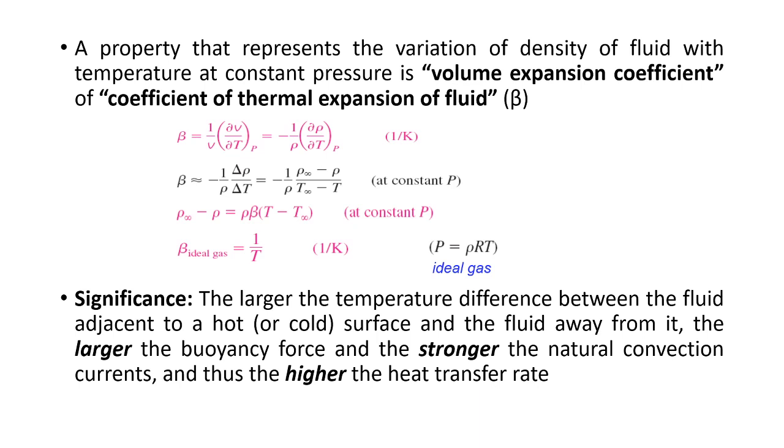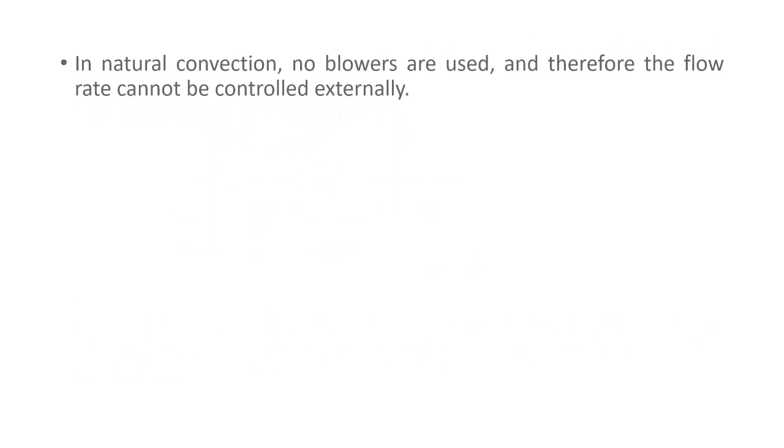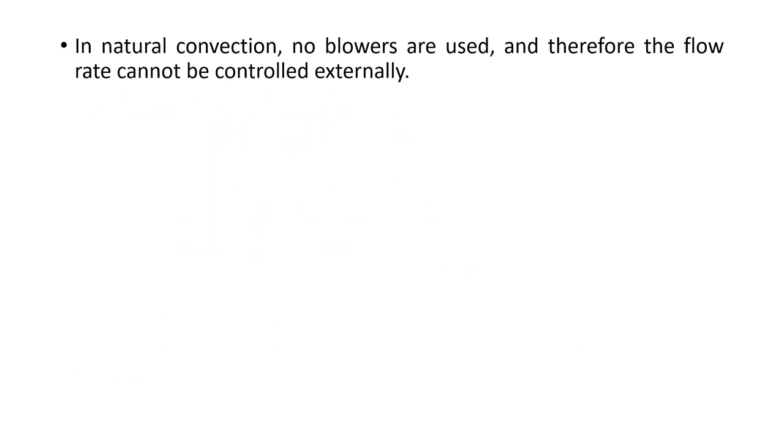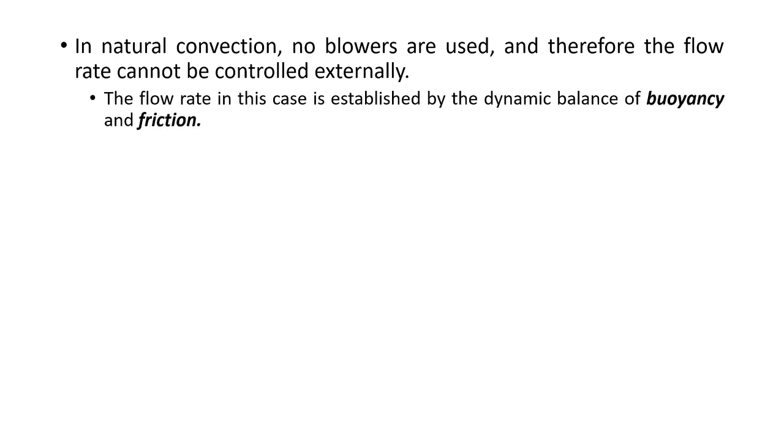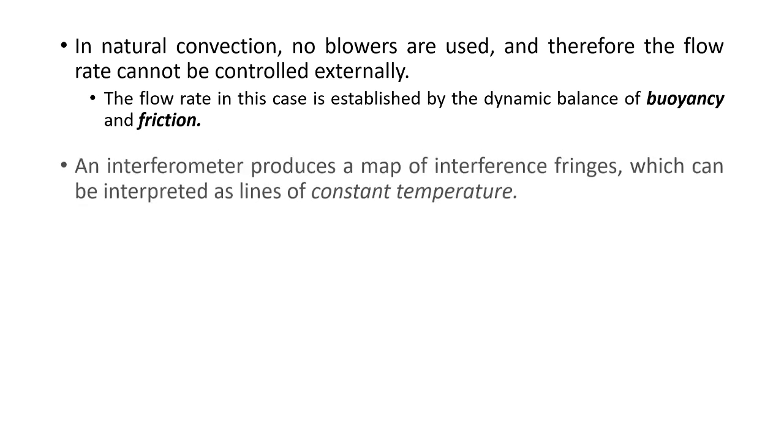Under steady conditions, the air flow rate driven by buoyancy is established at the point where these two effects balance each other. The friction force increases as more and more solid surfaces are introduced, which disrupts the fluid flow and heat transfer. In natural convection, no blowers are used and therefore the flow rate cannot be controlled externally. The flow rate in this case is established by the dynamic balance of buoyancy and friction.